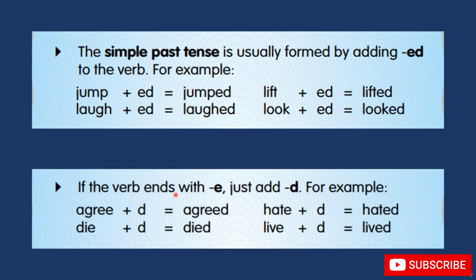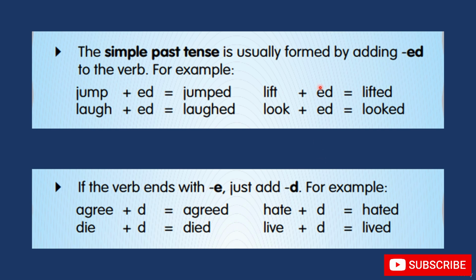If the verb ends with e, just add d. For example, agree, I add only d, so this is agreed. Here also, die plus d will be died, hate, hated, and live, lived.